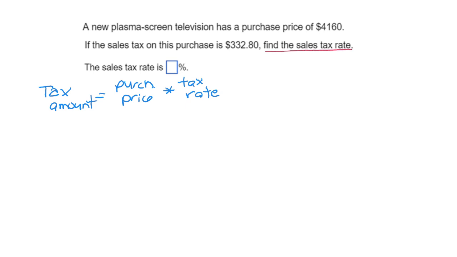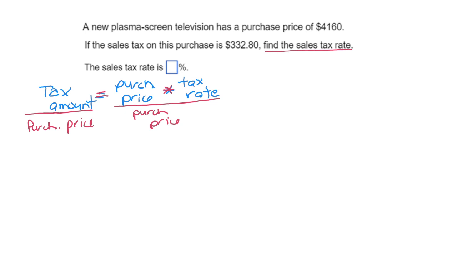That's my unknown. So what I'm actually going to do is take this equation and I'm going to solve for my tax rate. So since this is a multiplication, the opposite of multiply is to divide. So I'm basically going to divide by the purchase price. What I do to one side, I'm going to do to the opposite side. So I'm going to divide by the purchase price.